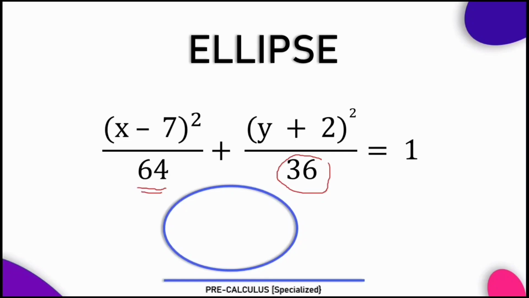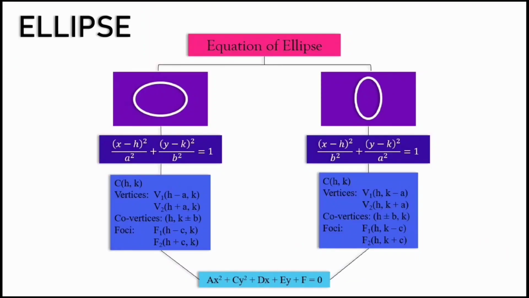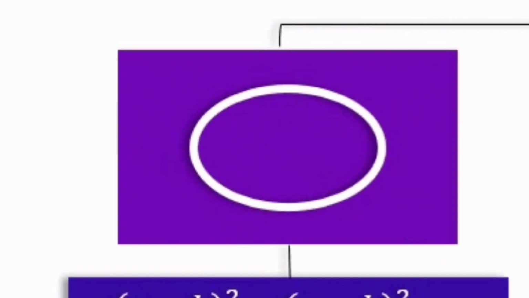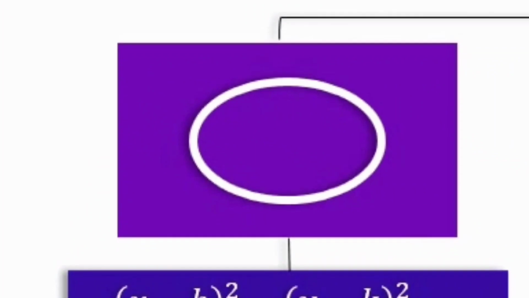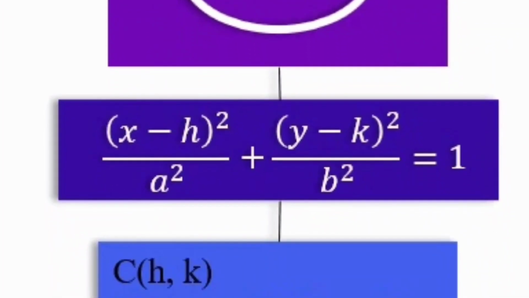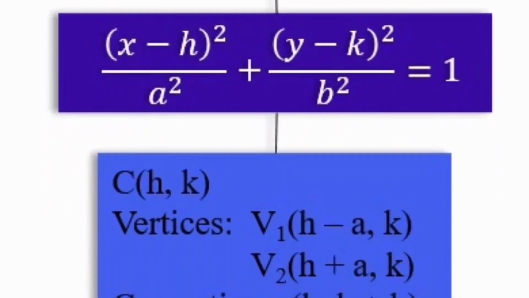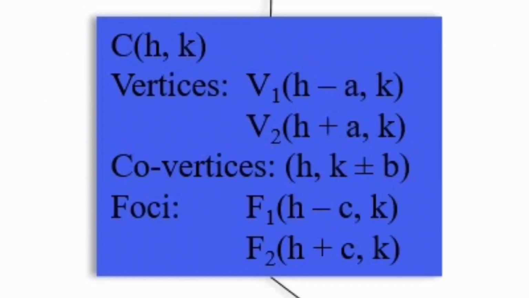Para mas madali nating maalala ang iba't ibang properties ng ellipse, I will give you a summary. So, dito muna tayo. If the ellipse is horizontal, the standard equation is x minus h squared all over a squared plus y minus k squared all over b squared is equal to 1. And the other properties will be, of course, for the center, we have h and k.